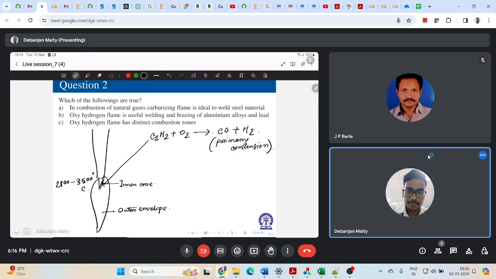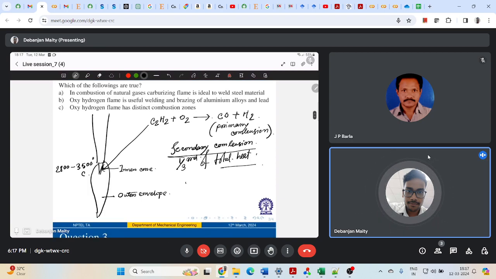And in the outer envelope, during the secondary combustion, where one-third of the total heat gets generated, what will be my chemical reaction?